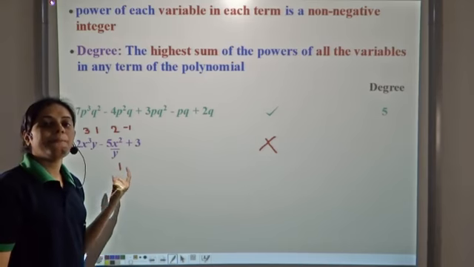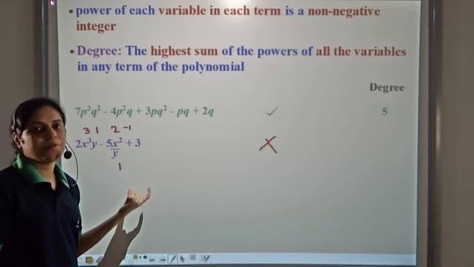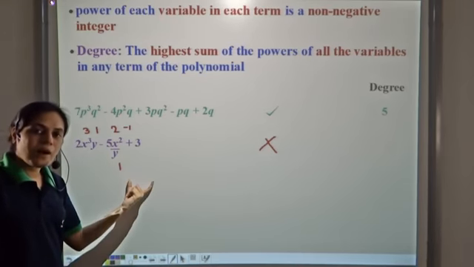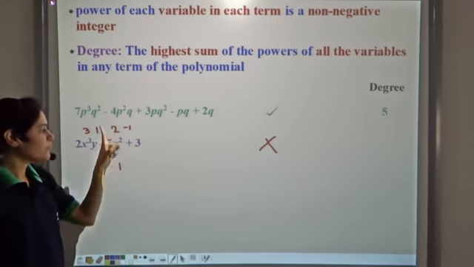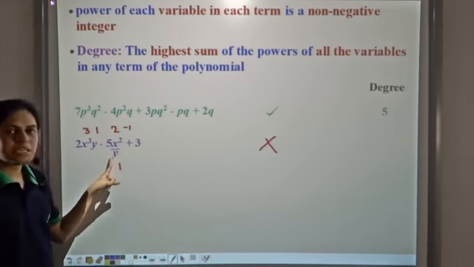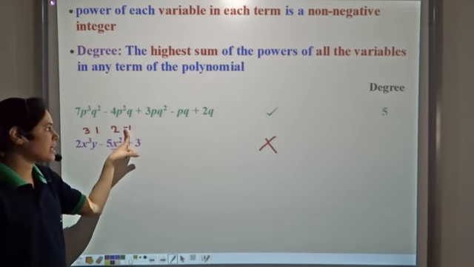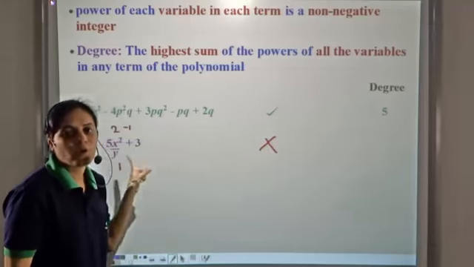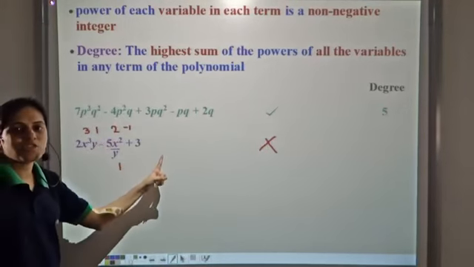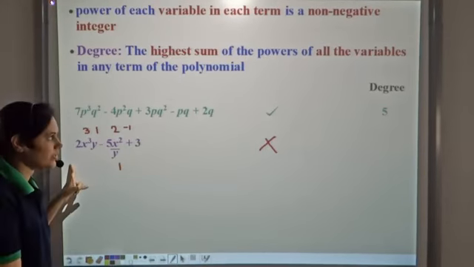We look at the power of each variable. We take the sum of the powers of the variables when we have to calculate the degree. So while checking, we see that the power of y is negative 1, and hence it does not qualify as a polynomial. This expression is not a polynomial.